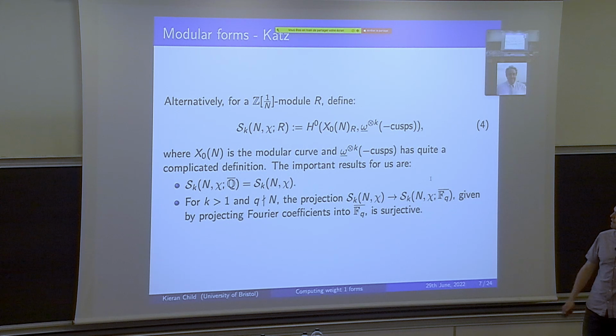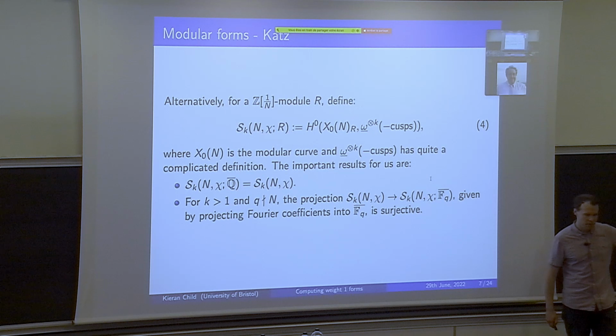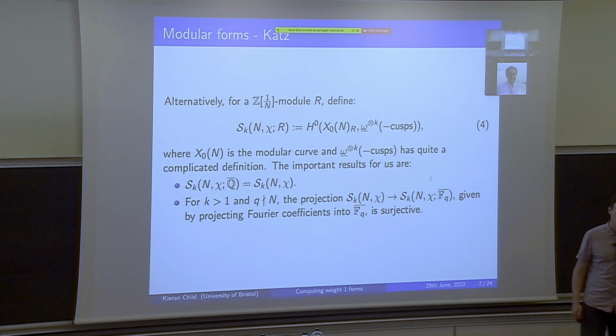Firstly, if we take characteristic 0, we just get everything we wanted, everything we're familiar with, just the classical forms. And secondly, if the weight isn't 1, we can project coefficient-wise onto the closure of the finite field, and that's going to be surjective.